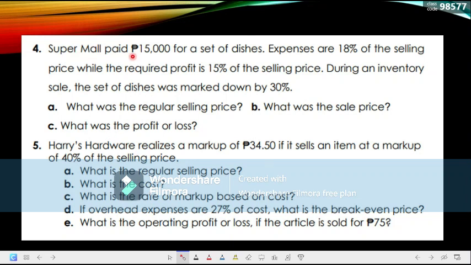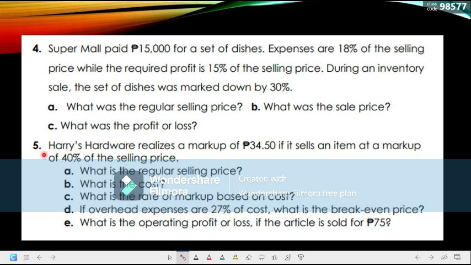Super Mall paid 15,000 pesos for a set of dishes. Expenses are 18% of the selling price, while the required profit is 15% of the selling price. During an inventory sale, the set of dishes was marked down by 30%. Letter A, what was the regular selling price? Letter B, what was the sale price? And letter C, what was the profit or loss?